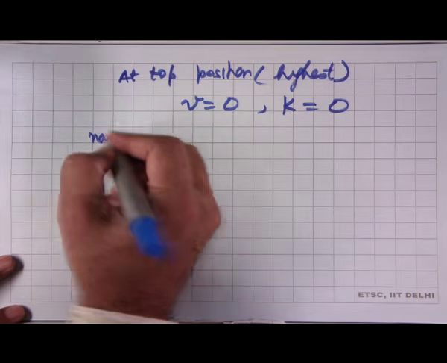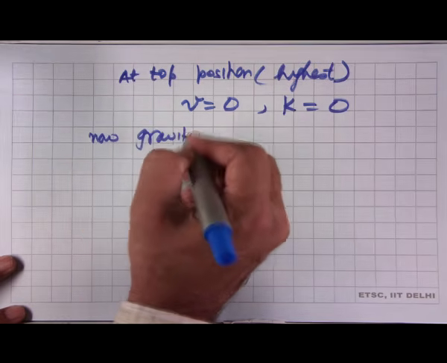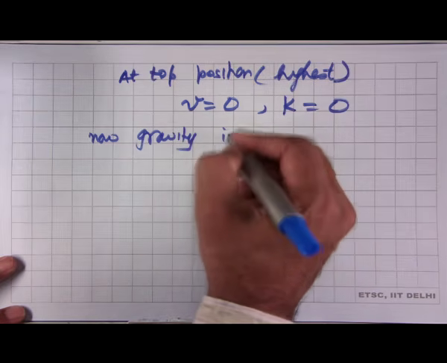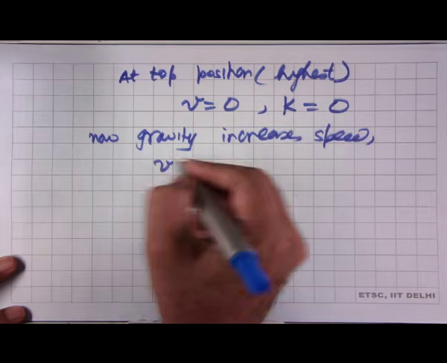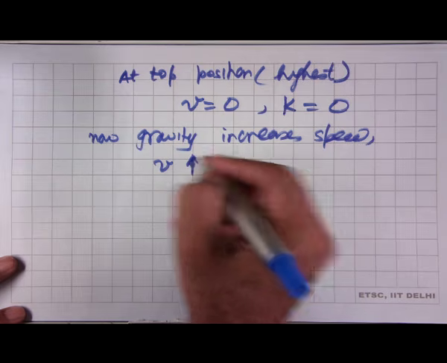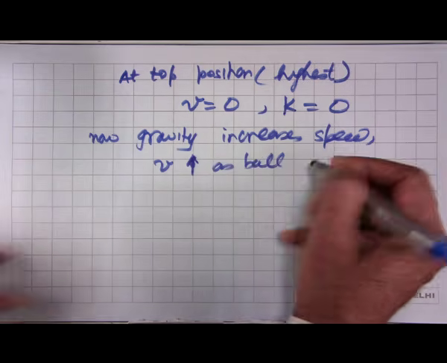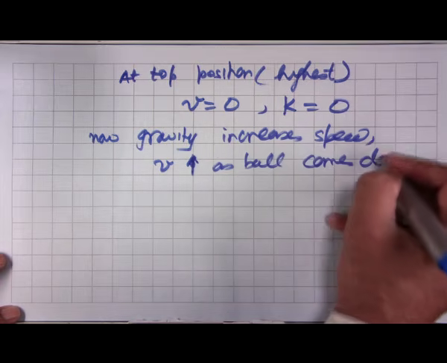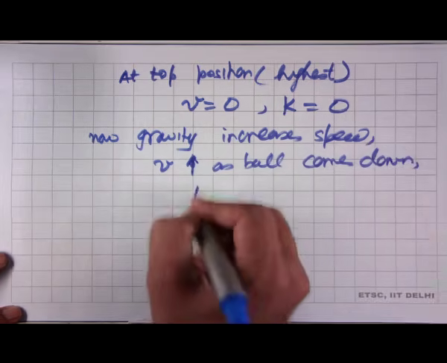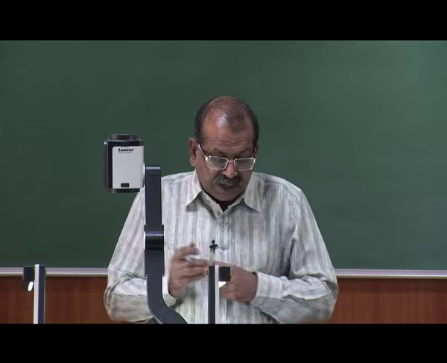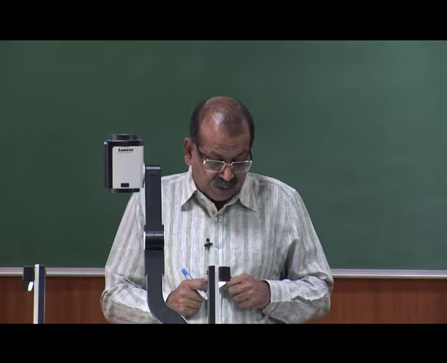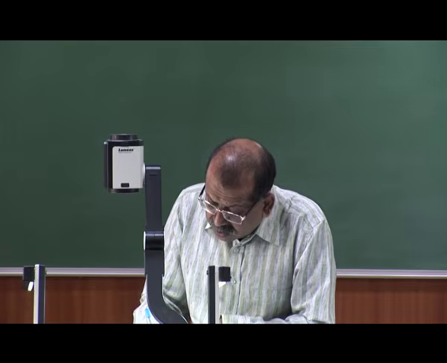Now, gravity increases the speed as the ball comes down. By v I mean the speed. So kinetic energy once again increases, and as the ball comes to the ground level, the kinetic energy restores its initial value.